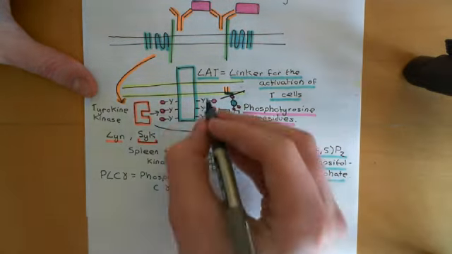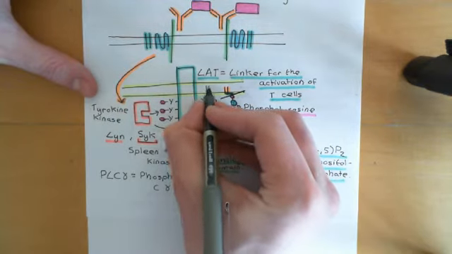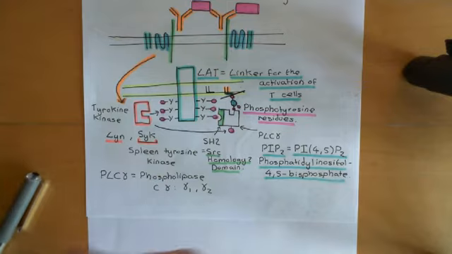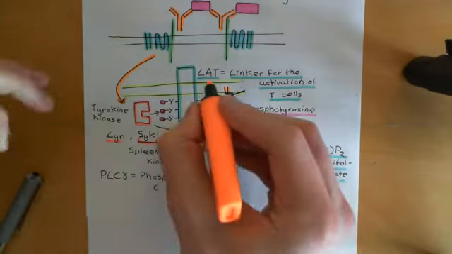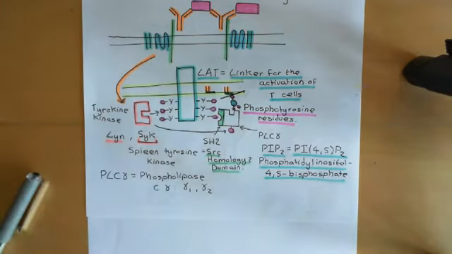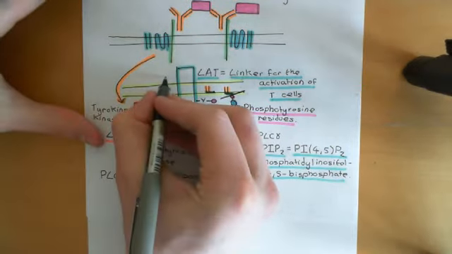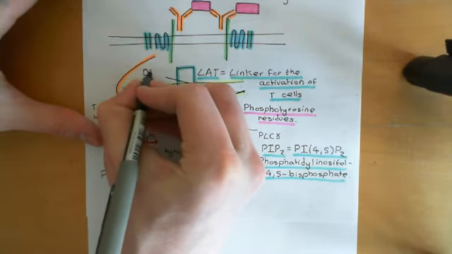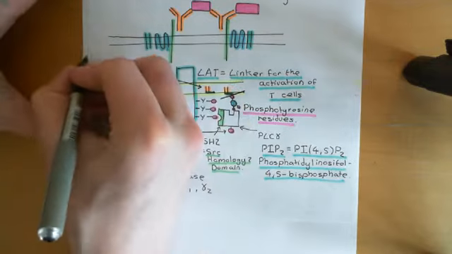And that generates you 2 molecules. One of them is just a glycerol molecule with 2 long-chain carboxylic acids attached to it, which I'll show here. There is the glycerol molecule, and here are the 2 long-chain carboxylic acids. That molecule will remain in the phospholipid bilayer, and that molecule is called a diacylglycerol, and for short that's abbreviated down to DAG.